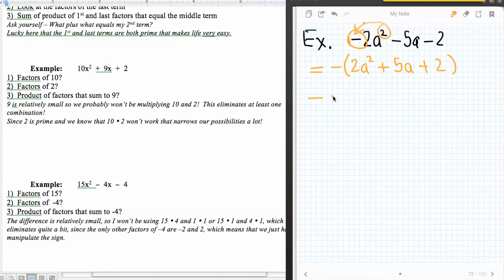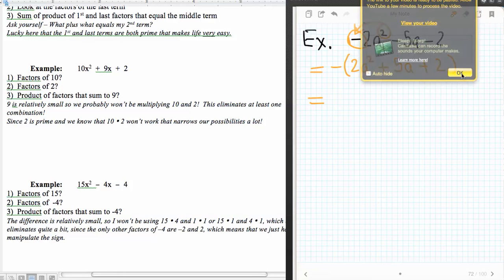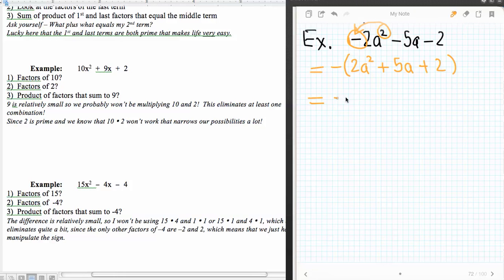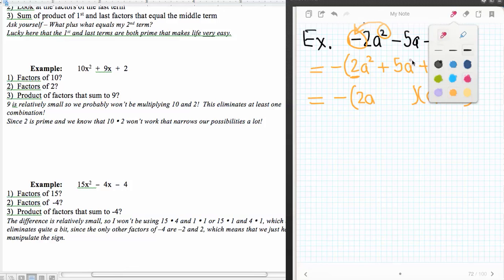So I need to make the products of 4 and 1. So I can do that quite easily by saying, well, 2a and a, that's how I'm going to make this 2, right? And then this 2 down here I can make with 2 and 1. I can't put a 2 in here because that would be a GCF. So I put a 2 here and a 1 here.